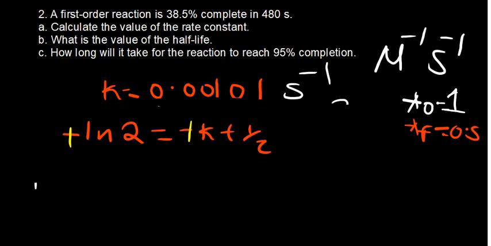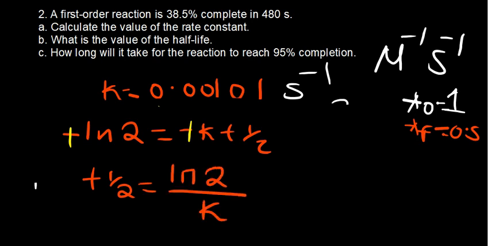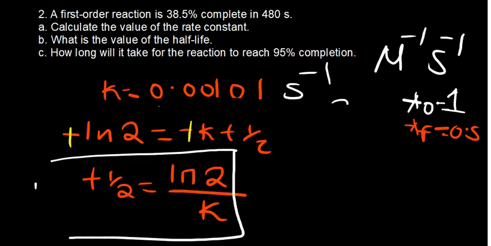So your half-life is therefore equivalent to the natural log of 2 over your k. This is our formula that works for the half-life for a first order. Equally, this applies to all the other orders of reactions that you may have. It's just a matter of working with what you have to determine the half-life formula.